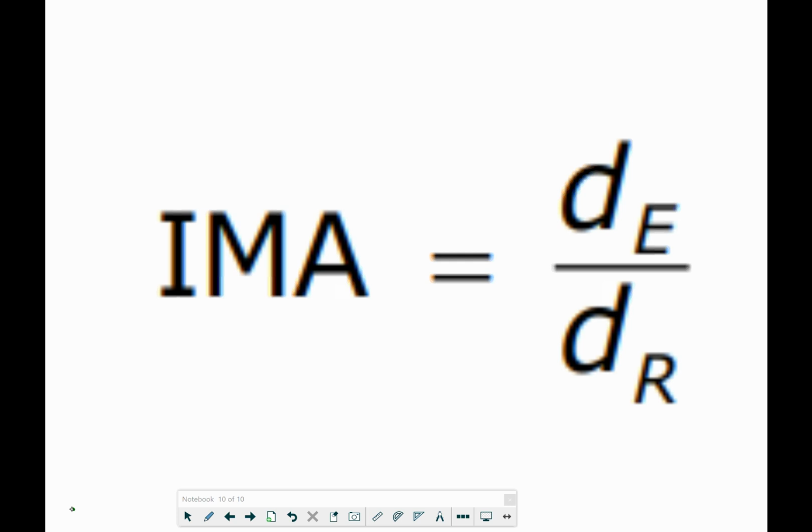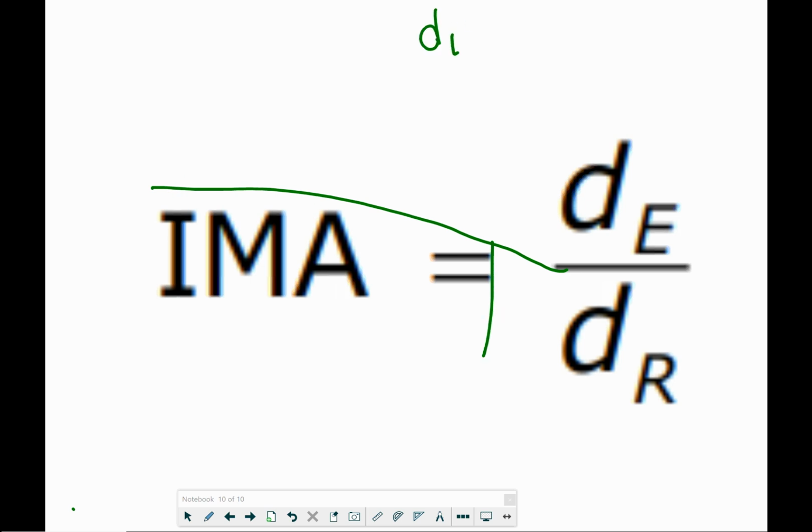So this is the distance of your effort. This bottom one is distance resistance. So ultimately, this makes it into a relatively easy equation. Distance effort, distance resistance, and then IMA. Just like that.